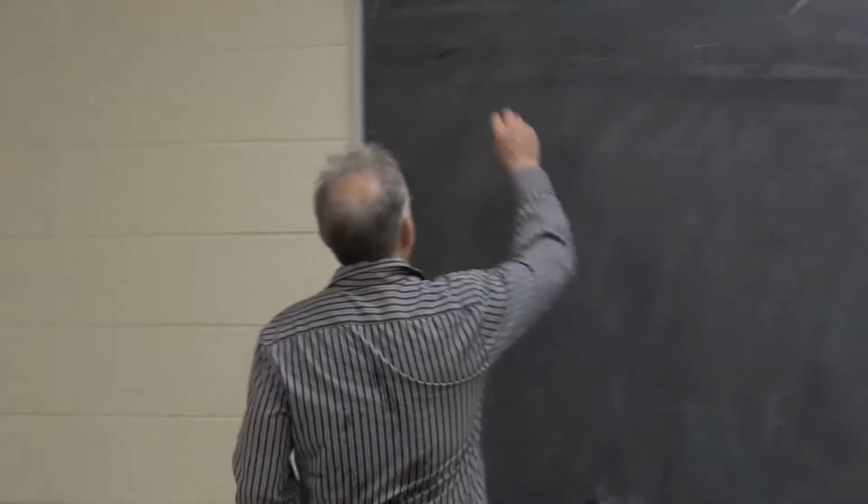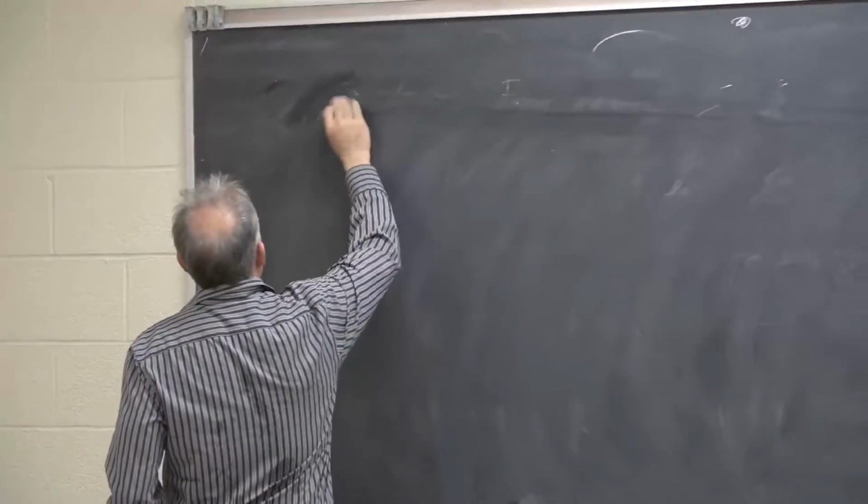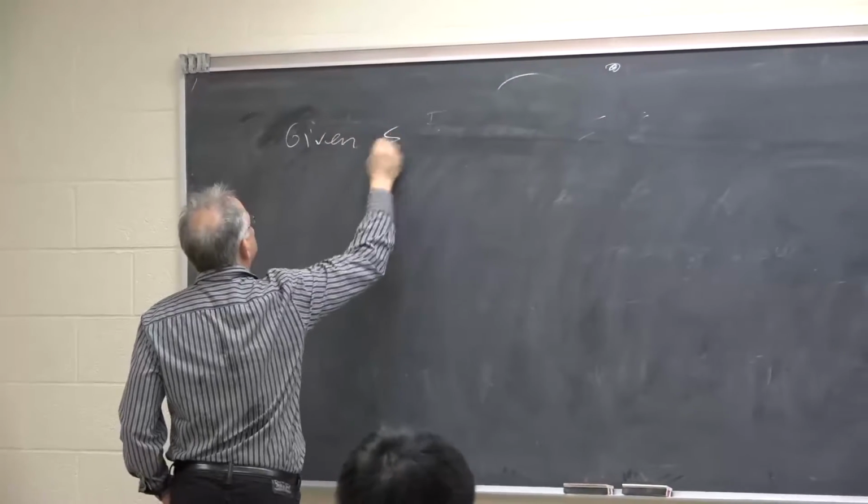Okay, so let's finish our claim. We want to get a sigma prime that is going to be maximally consistent. So now, how do we get sigma prime? We were given sigma.